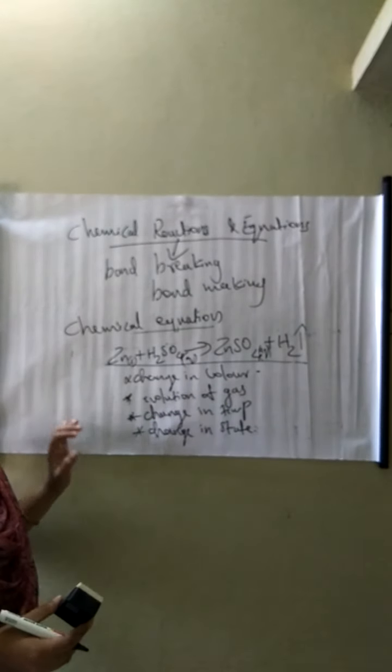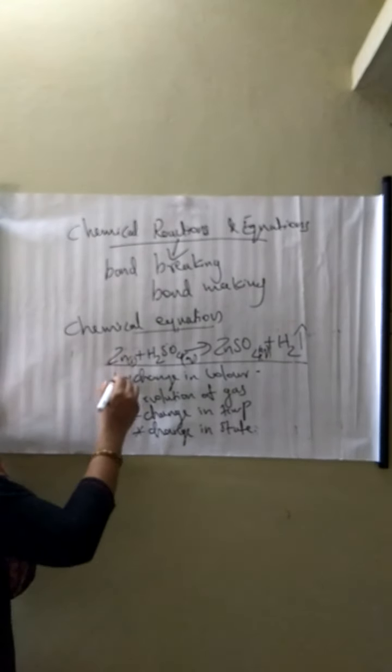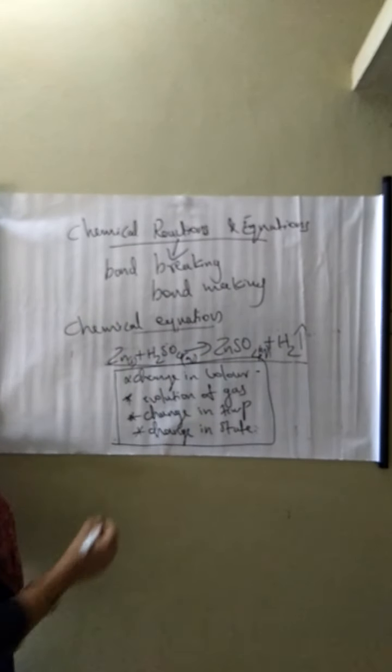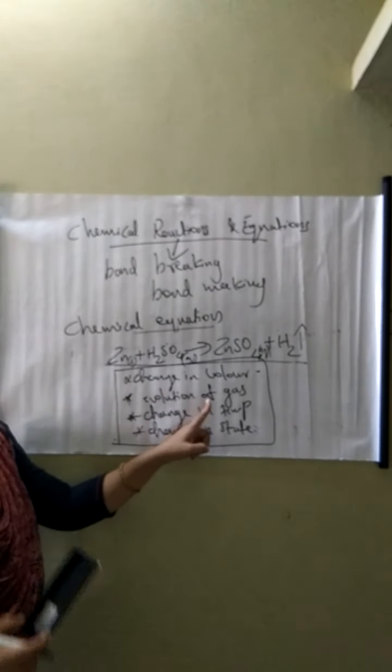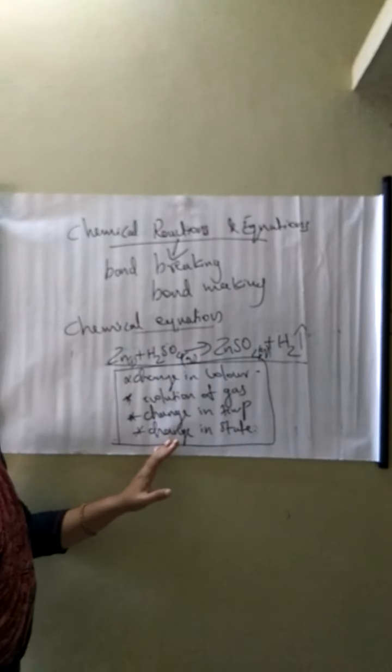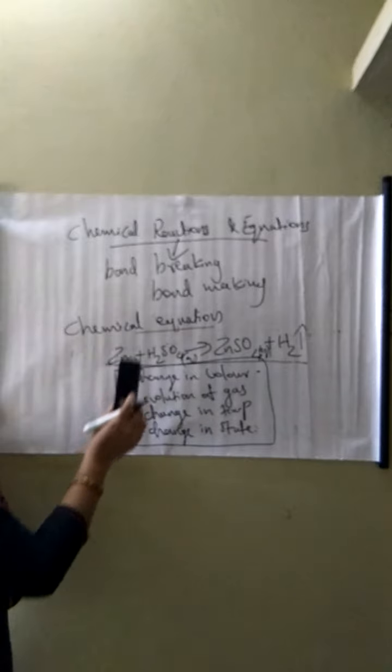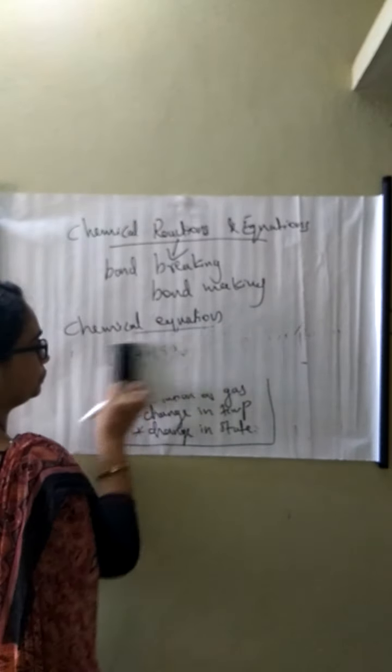This is another example of a chemical reaction. So the characteristics or changes during a chemical reaction are important: change in color, evolution of gas, change in temperature, change in state. I think you got an idea about the chemical equation.